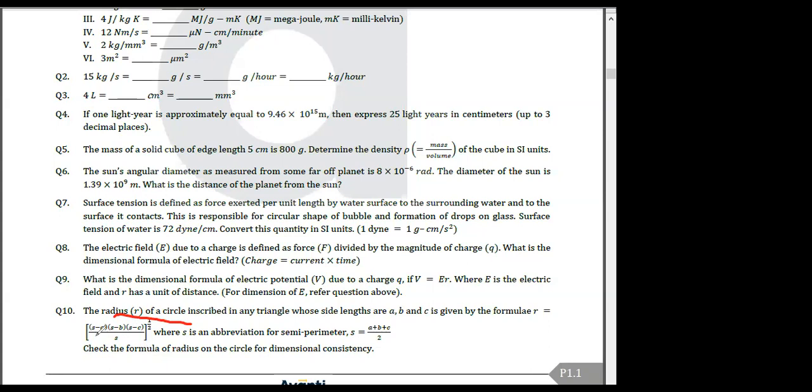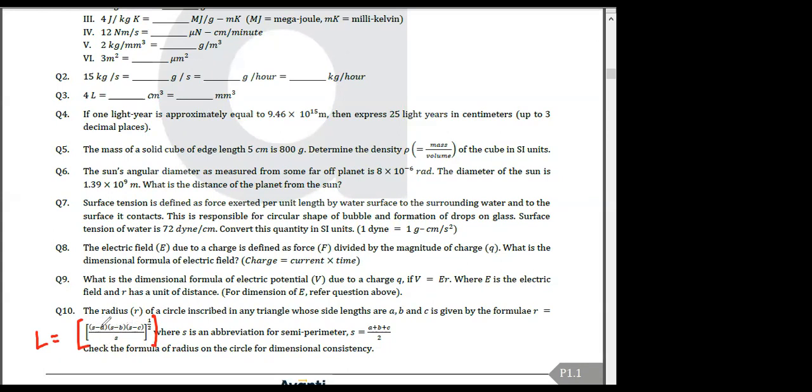Now think about it. If this is the formula of radius, common sense, you don't have to do anything. What is the dimension of this physical quantity? The dimension should be equal to L. Yes or no? Okay, so let us check. Whenever physical quantities are multiplied, the dimensions also get multiplied.